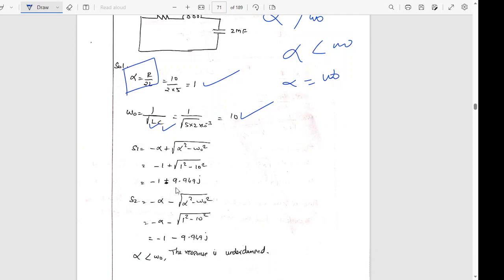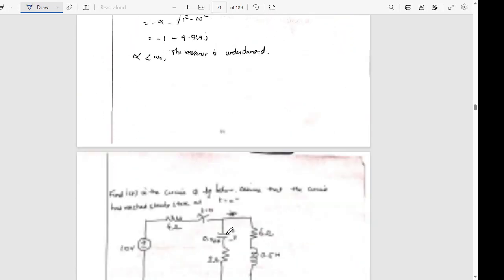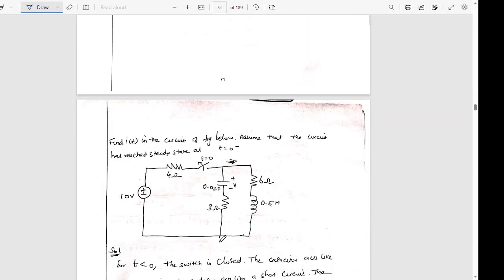For S2 we get minus 1 minus 9.949j. Both roots are complex. We will discuss this problem in the next lecture. Thank you.